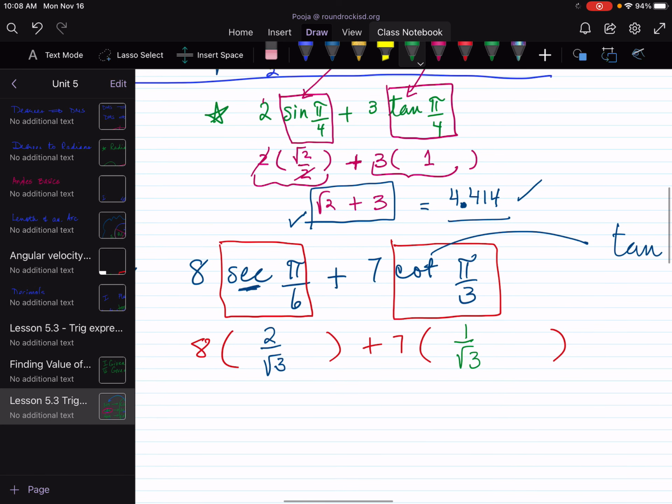Okay, once I got their values, again, follow PEMDAS. I have to multiply these two first. 8 is basically 8 over 1, so it's 16 over root 3 plus 7 over root 3.